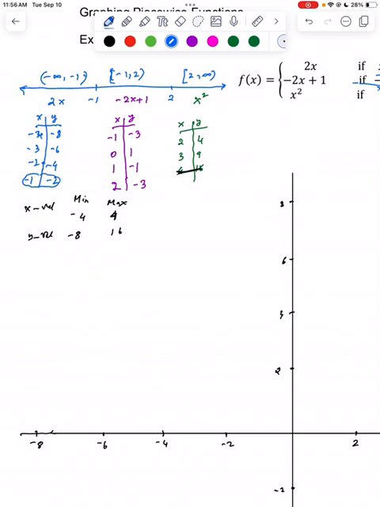So if the point is the end point of your interval, but it is not included in the interval, still you evaluate at that point and circle it.